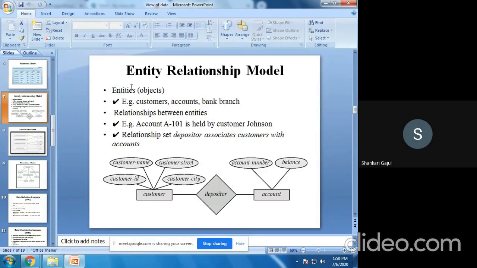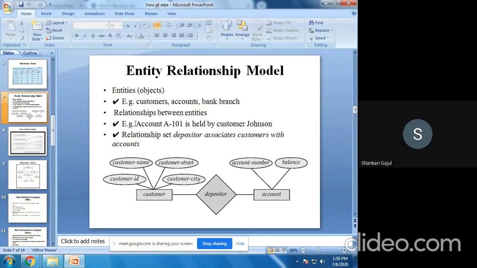Now what do we mean by entity? An entity is nothing but a kind of object or thing. The ER model consists of a collection of basic objects. Any type of thing or object we can see, a human being or non-human being, whatever is there, we call it an entity.